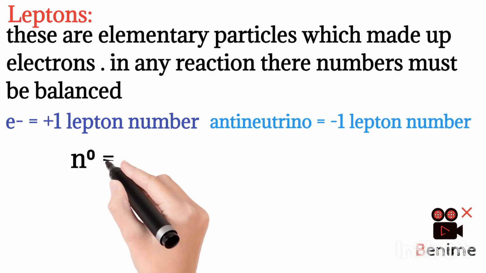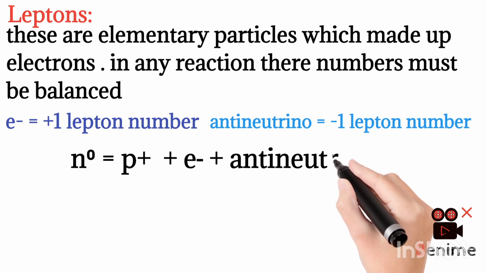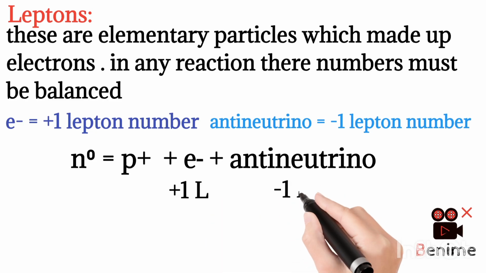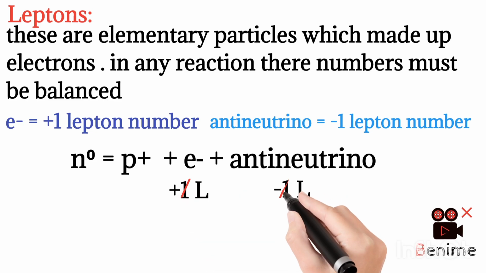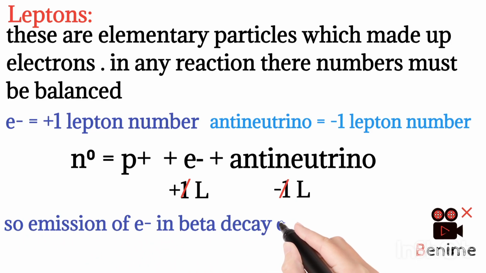So to balance the reaction and avoid any nuclear law violation, their lepton numbers cancel with each other. If antineutrinos are not created along with the electron in beta decay, the reaction cannot be conserved.